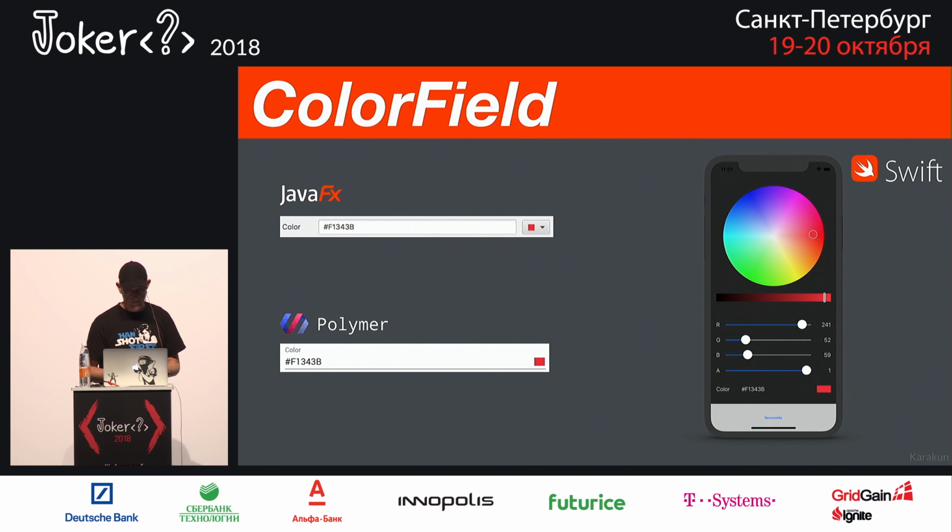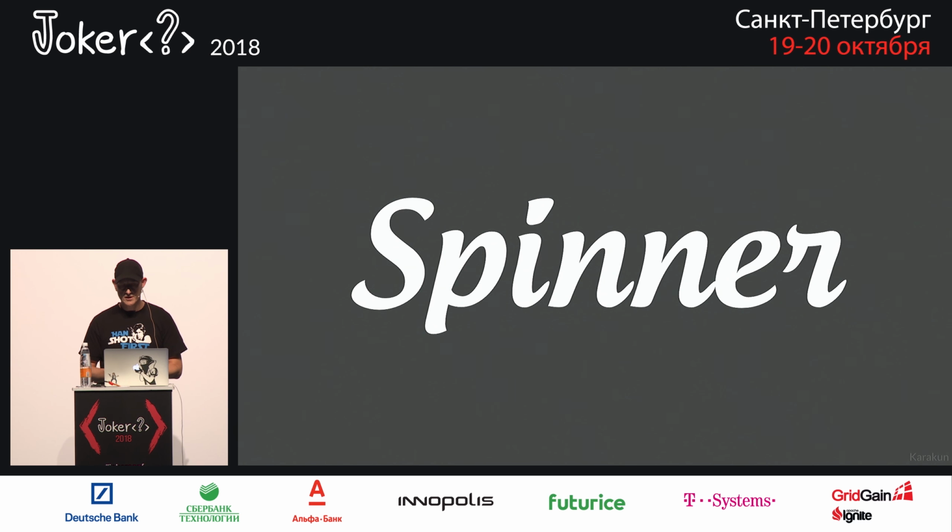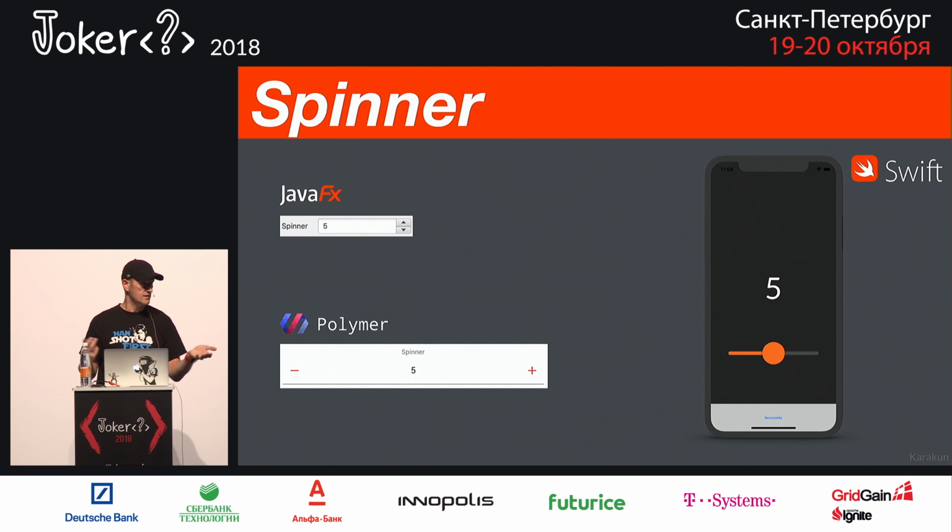And then we have the simple spinner. And you know that already, this is the same as the other slider. And then you can see most of the controls that you use in form-based applications can be represented by a simple control on the mobile device.